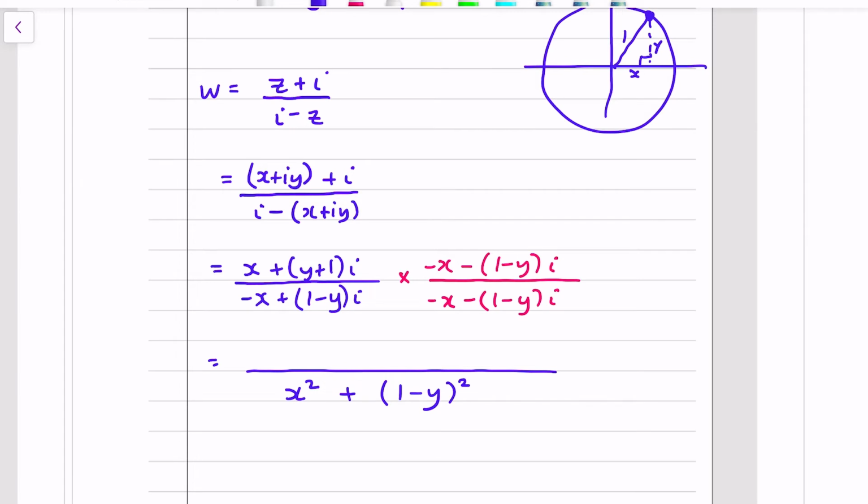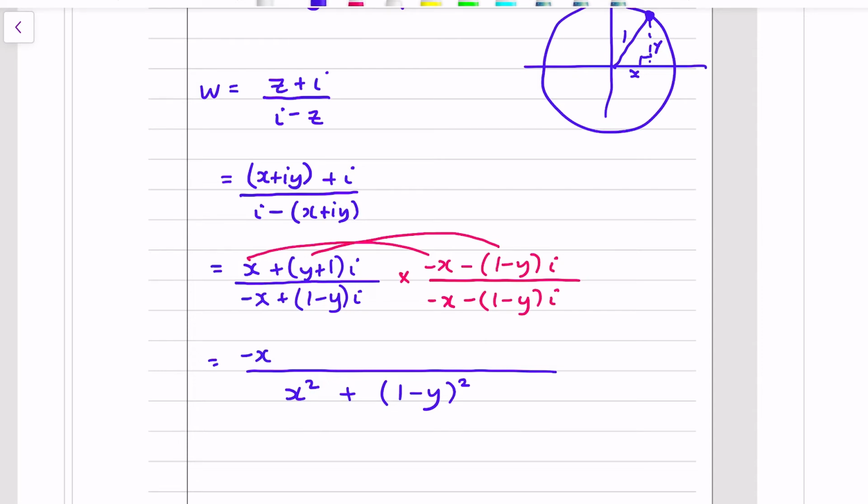And then the numerator, there's real terms if I take the x and times by minus x, or the (y plus 1)i and times by the minus 1 minus yi. So they're the real terms I get.